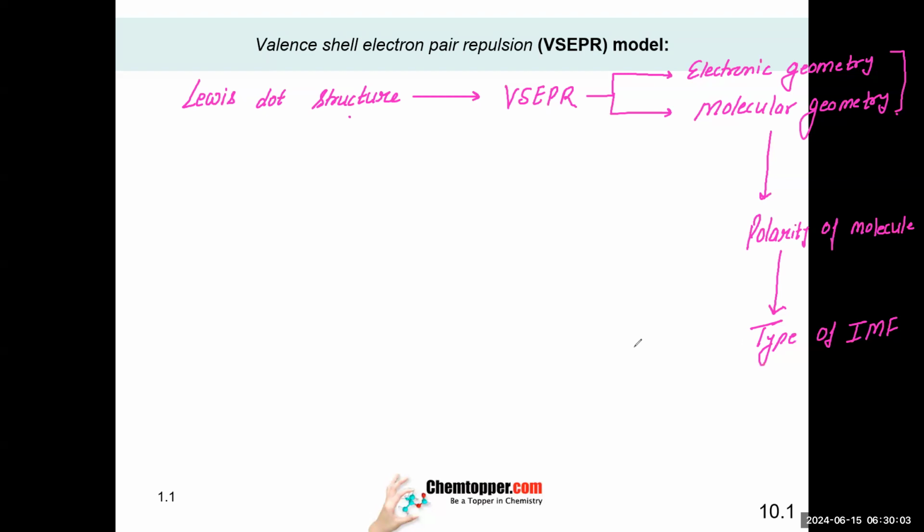Once this is decided, you can compare the physical properties: boiling point, melting point, freezing, sublimation, and vapor pressure, value of delta H of fusion, vaporization, so many things.